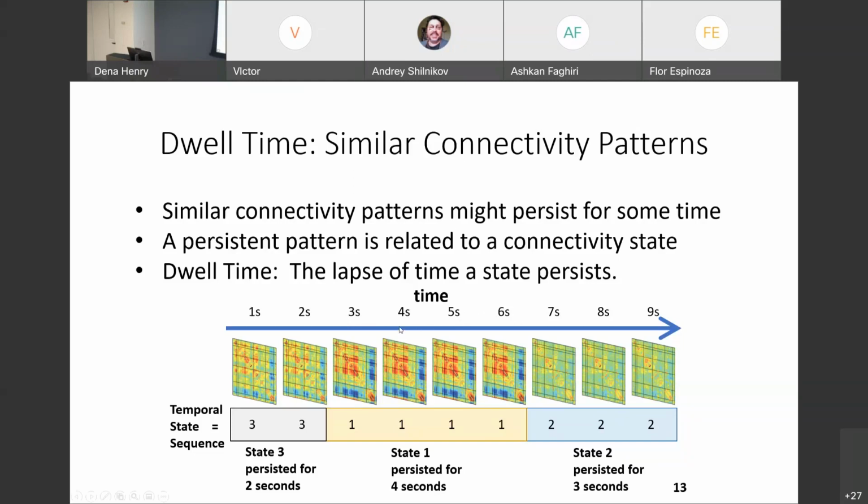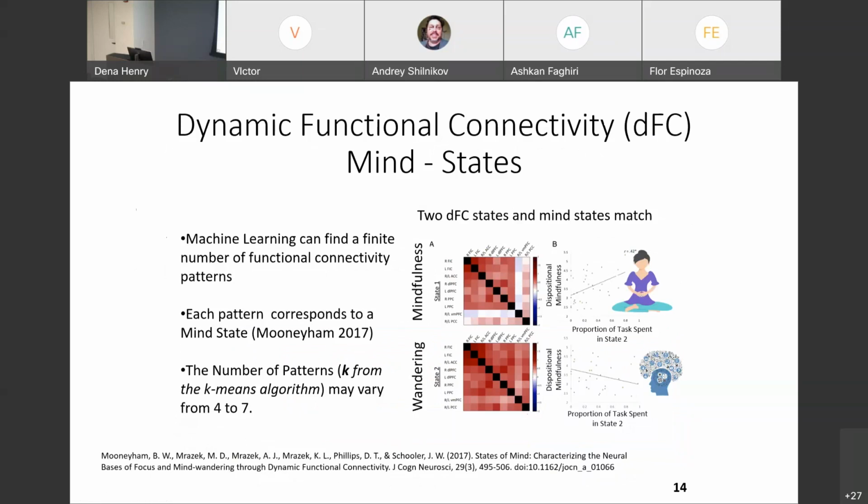And beyond just thinking that they are just connectivity patterns in the brain, they seem to have connections to what the brain is doing. For example, in this study, it was related that states of mindfulness, where the default mode network is anti-correlated with the rest of the brain, seem to be connected with the anti-correlation of the default mode network.